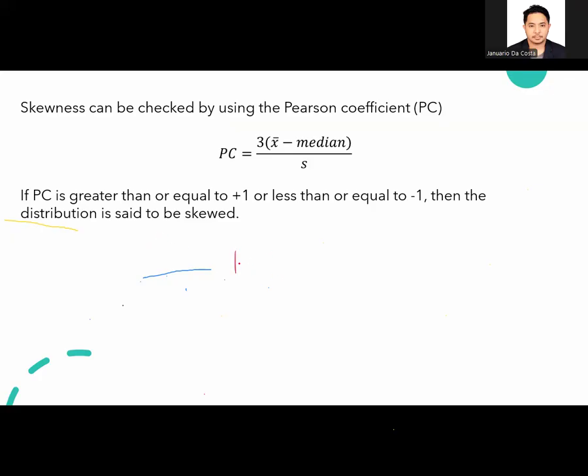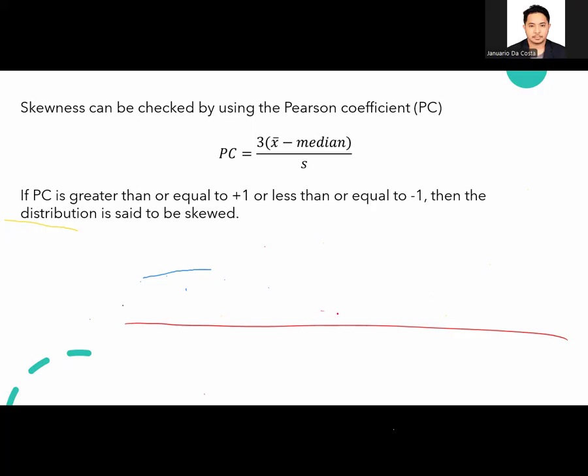If the value is, for example, 1.13 or -1.45, that is skewed. A value between those, like 0 point something, is not skewed. For example, imagine this is your number line.